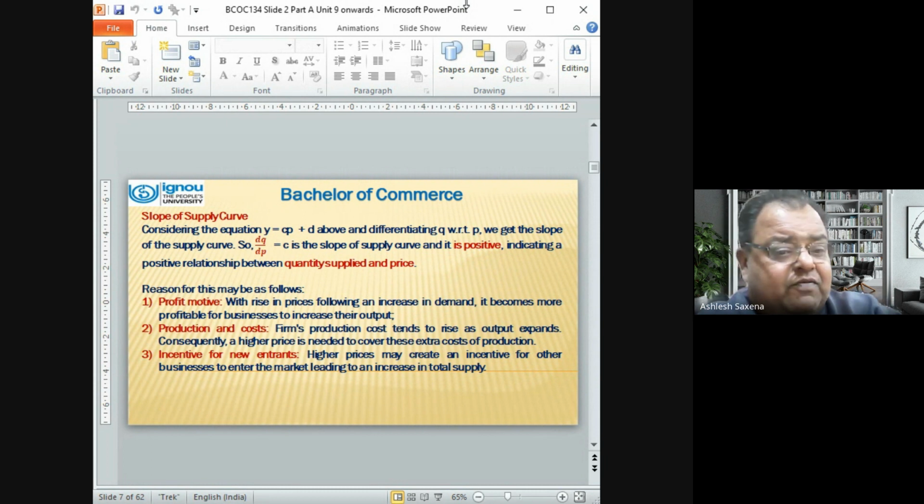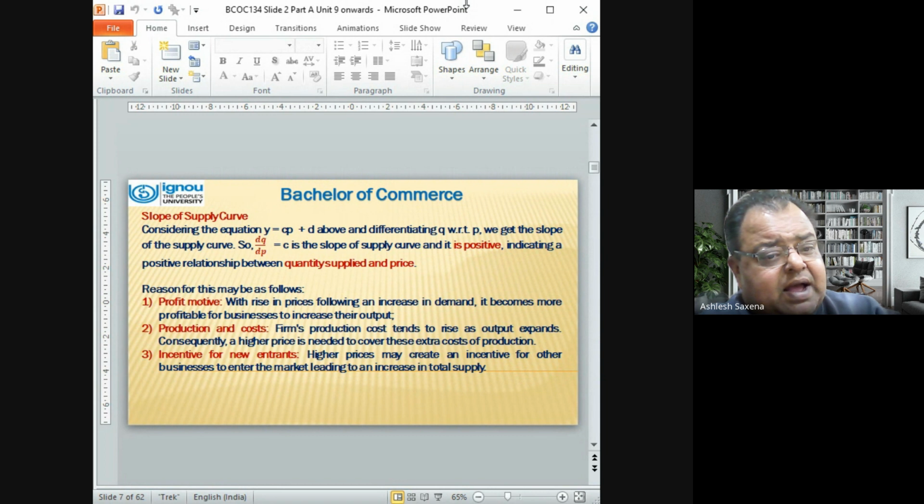Now, what are the reasons? Profit motive: when there is a rise in price following an increase in demand, it becomes more profitable for business to increase their output. Second reason is production and costs: firms' production cost tends to rise as output expands.